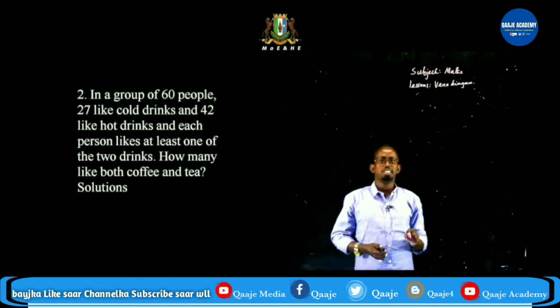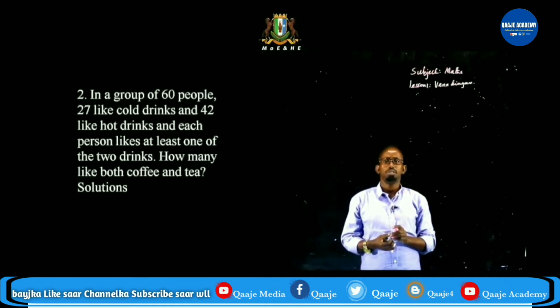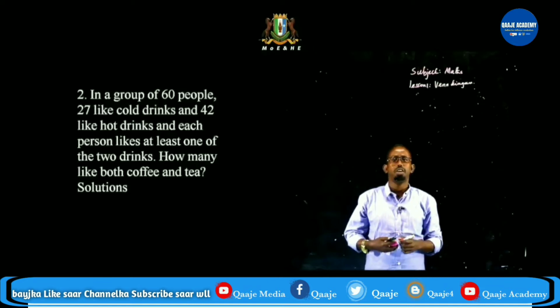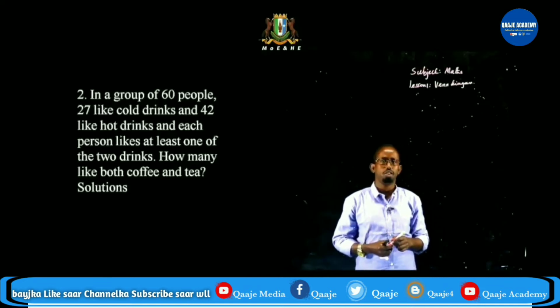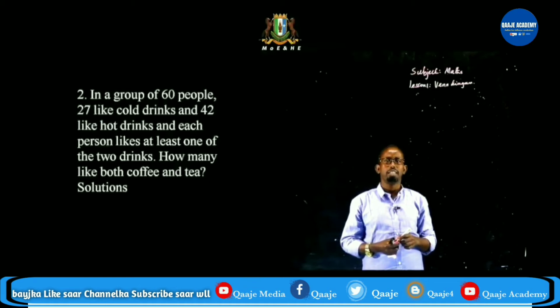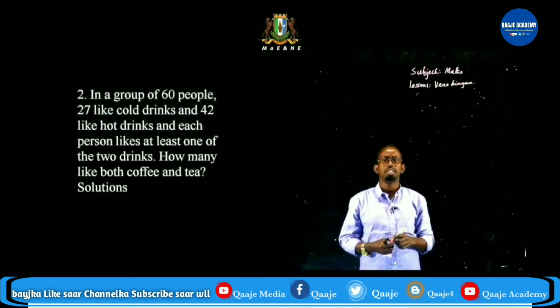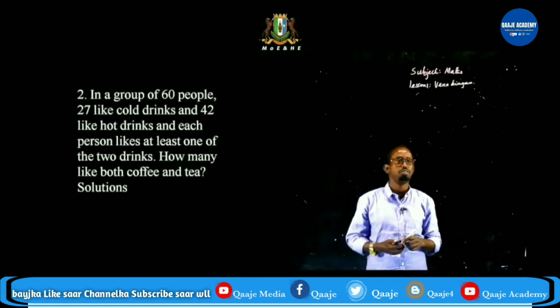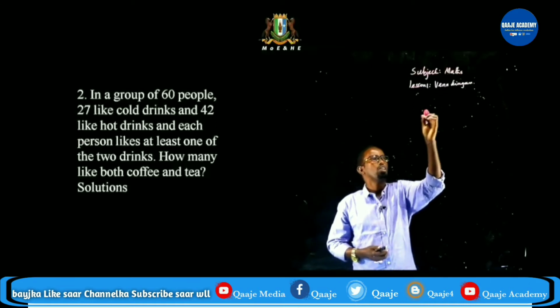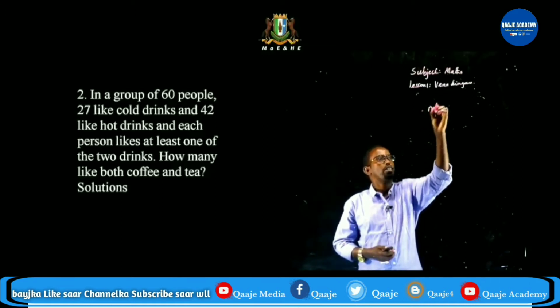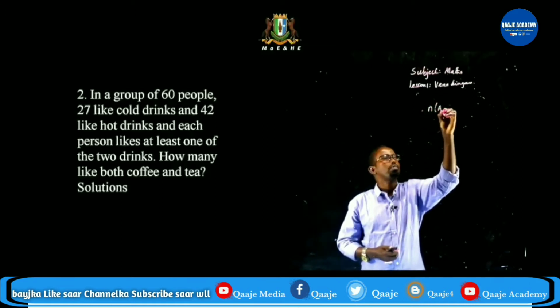In a group of 60 people, 27 like cold drinks, 42 like hot drinks, and each person likes at least one of the two drinks. How many like both? Again, the intersection. First of all, you write n(A union B).